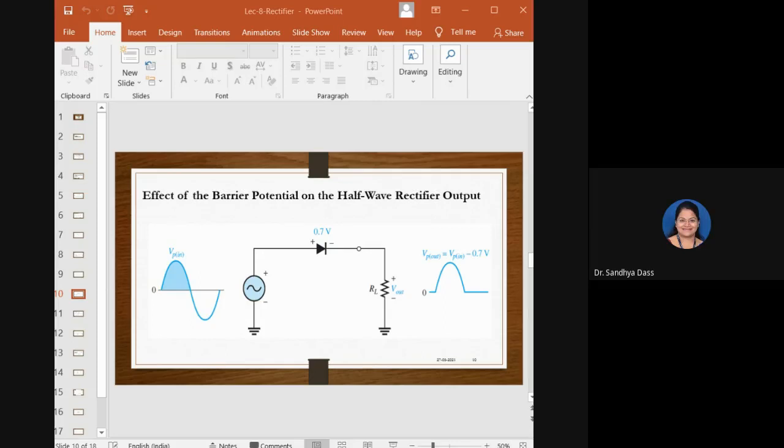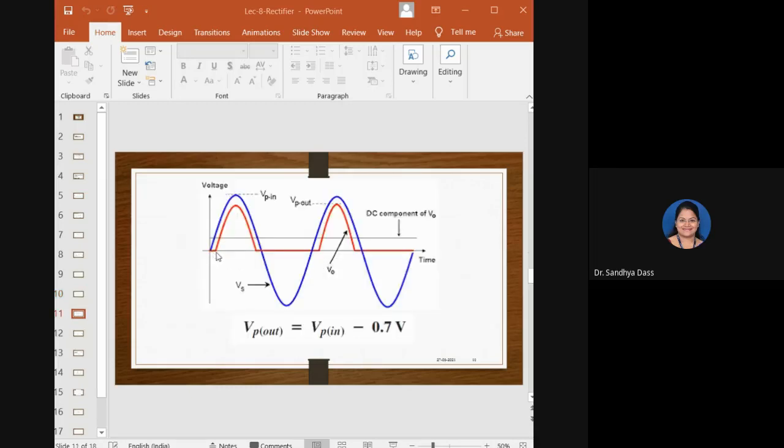So we are familiar that the diode's barrier potential is 0.7. Till the input signal reaches 0.7 volts, the diode is not forward biased, that is, it is not conducting, which means no current is flowing through it.